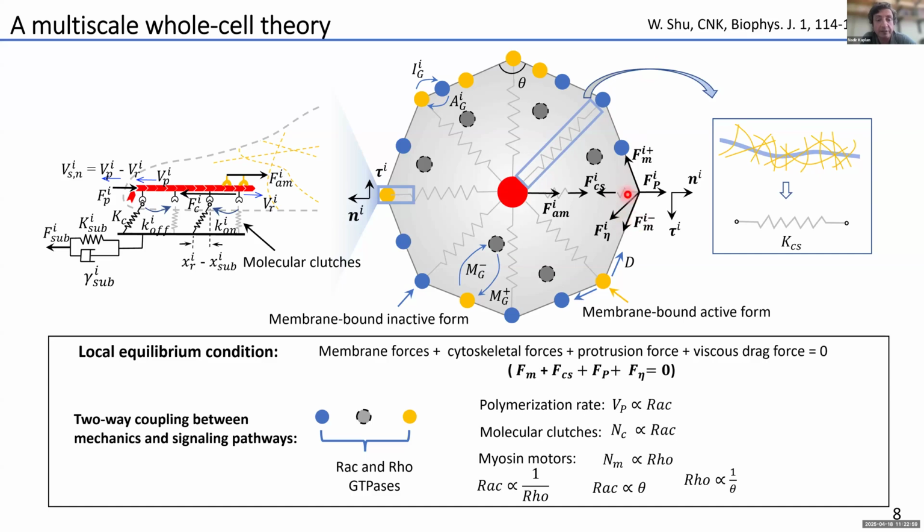And for that, there's in fact a motor clutch model that is very well established in the literature now, which is incorporated at each vertex. At the scale of the vertex, this is what you see here, and this is the side view of a protrusion. The motor clutch model includes a variety of components, but the most prominent one is the actin here, in the F-actin form, the polymerized form.